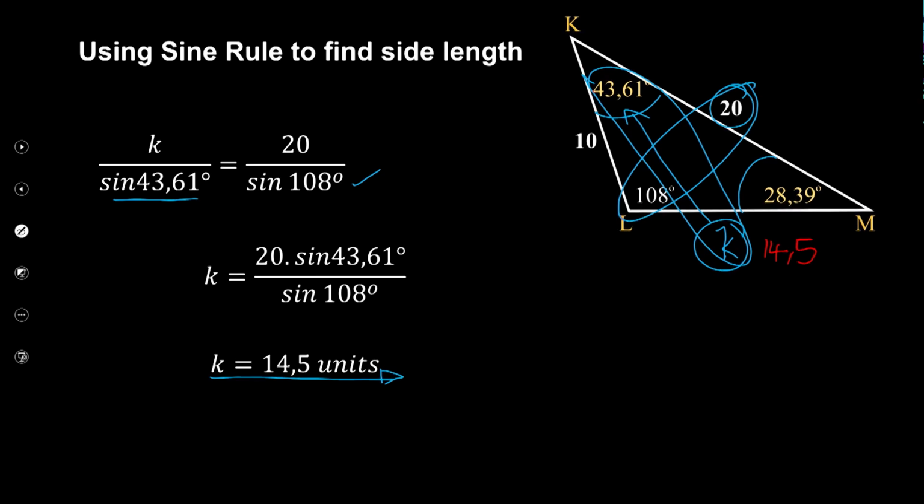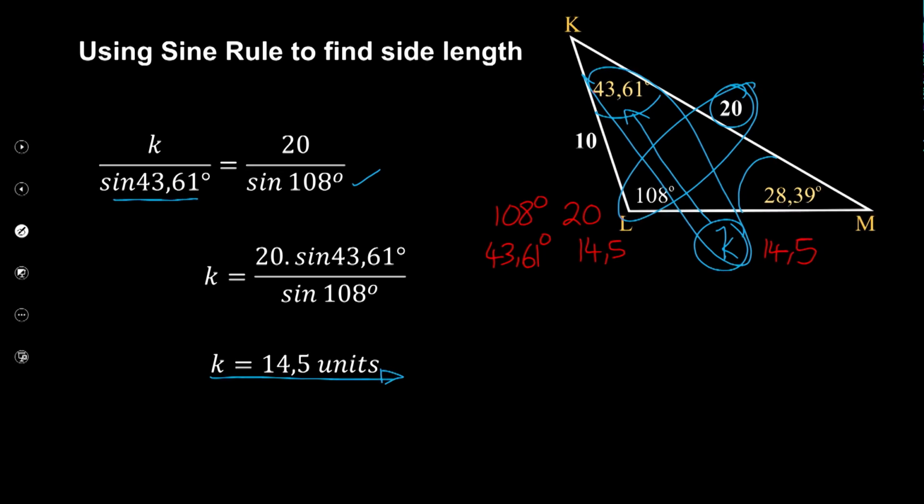Okay, so we found out that k was 14,5 units. So again, let's do our quick check to see if our answers make sense in the context of our problem. Our greatest angle is 108 degrees, and the side across it is 20. The next biggest angle is 43,61, and the side across it is 14,5. So that looks correct.